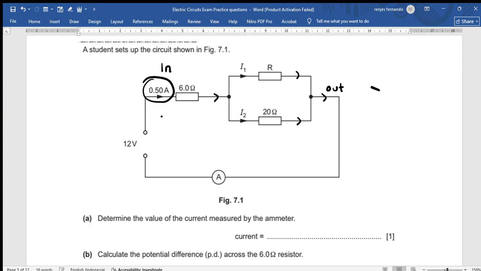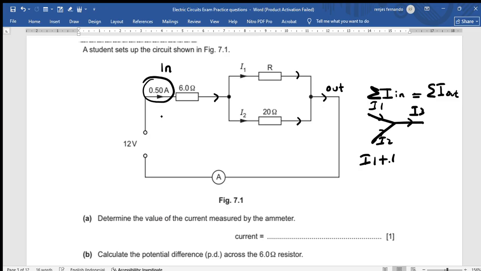So according to the first law of Kirchhoff, the number of current that goes into a node is equal to the number of current that goes out of that node. So I1, this is I2, this is I3. So I1 plus I2 is equal to I3.